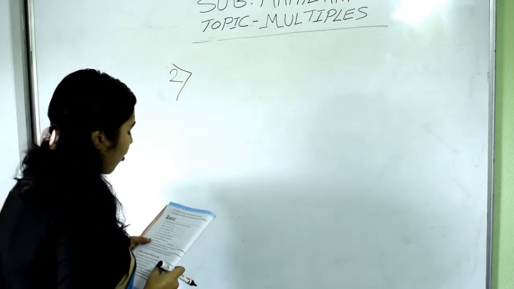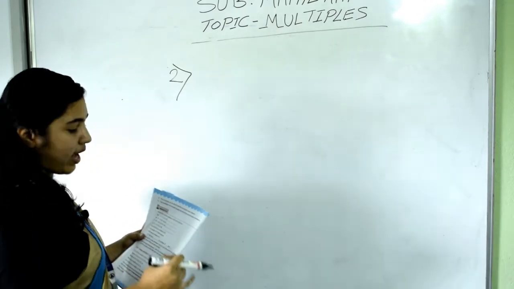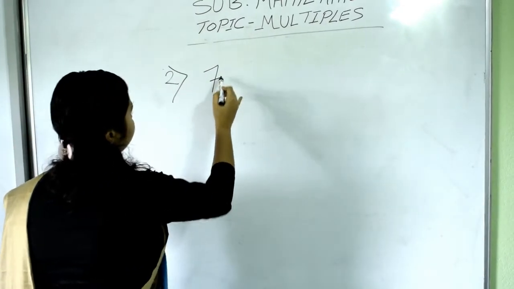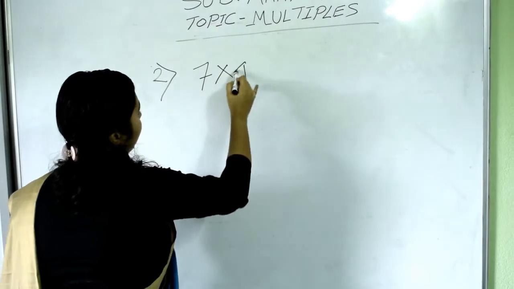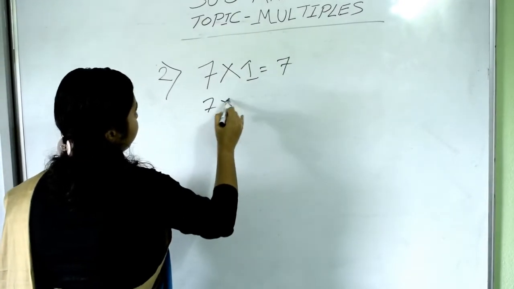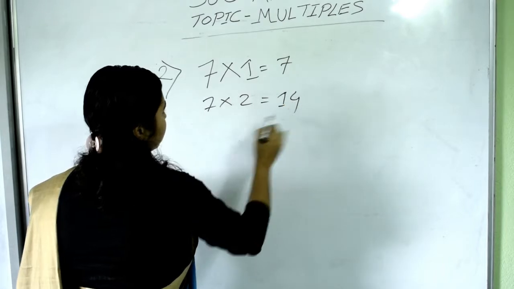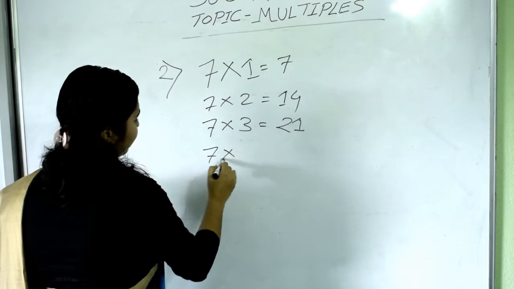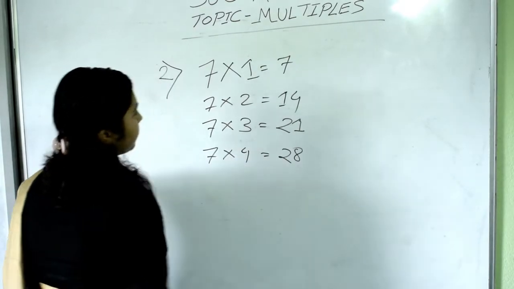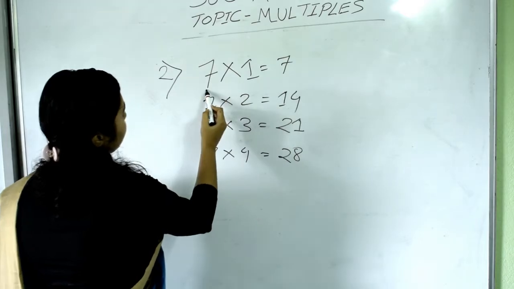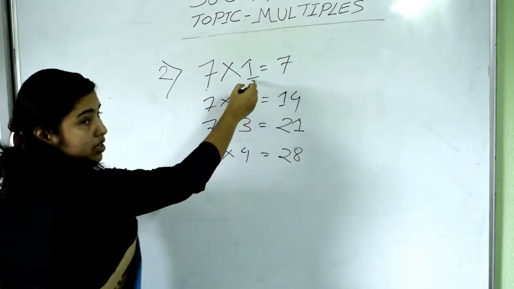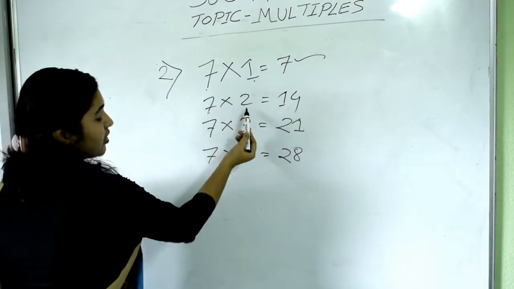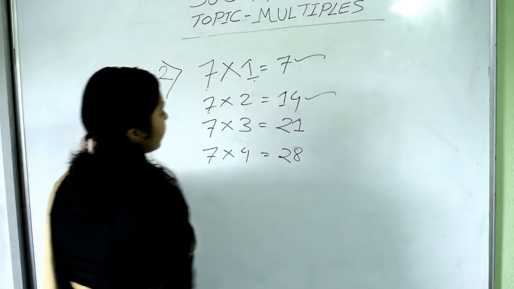And the second one is: the multiples of an odd number are alternately odd and even numbers. Choose any odd number. Suppose 7. Multiples of 7 are: 7 ones are 7, 7 twos are 14, 7 threes are 21, 7 fours are 28. Now notice one thing: if we multiply 7 with an odd number, we get an odd number. But if we multiply an odd number with an even number, we get an even number.